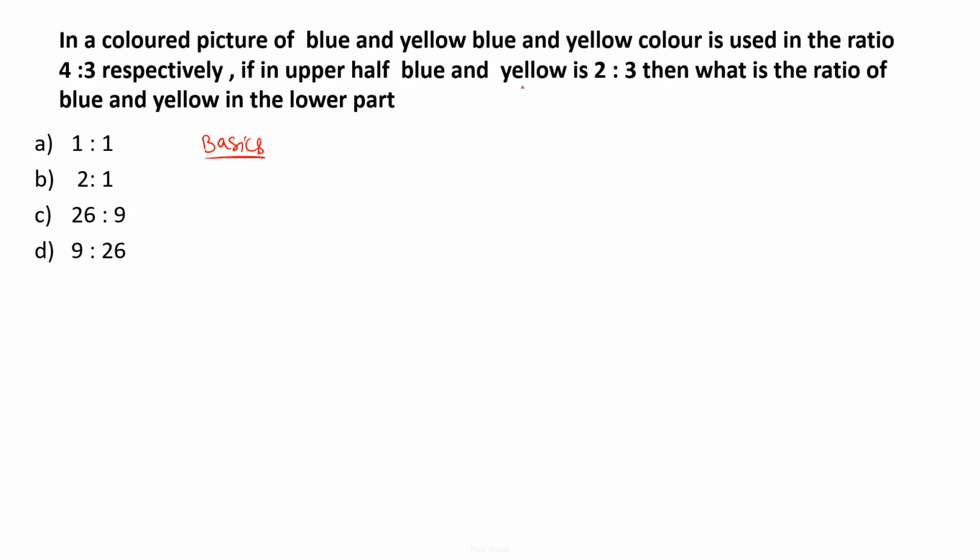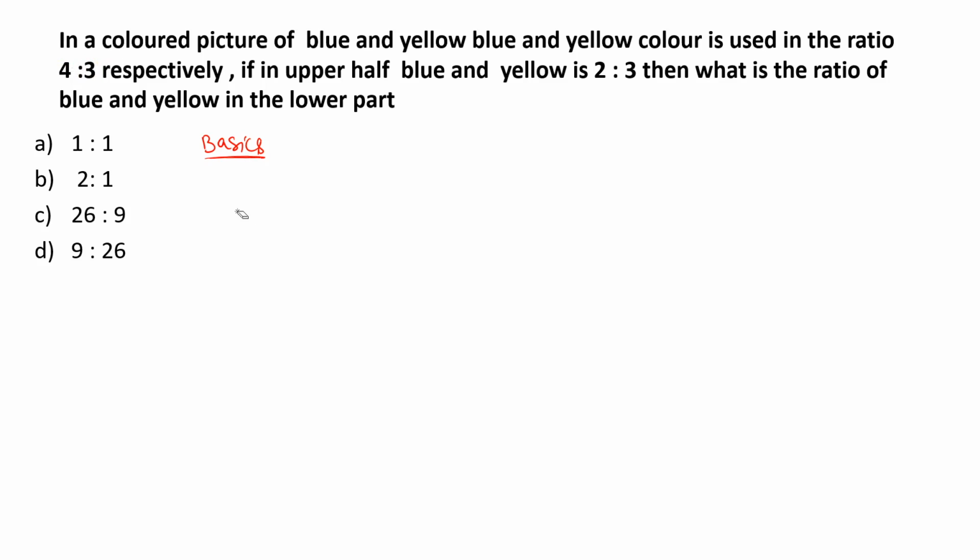Just observe here. Take the given ratio, that blue and yellow were used in the ratio of 4:3. That means the total amount of blue used is 4, and the total amount of yellow color which was used is 3. That means the total blue was 4 and the total yellow was 3.